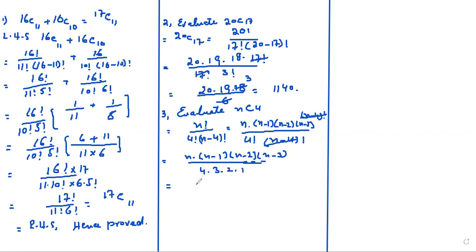So our final answer is n times n minus 1, n minus 2, and n minus 3 divided by 24. This is our final answer. Okay, I hope you understand it well.